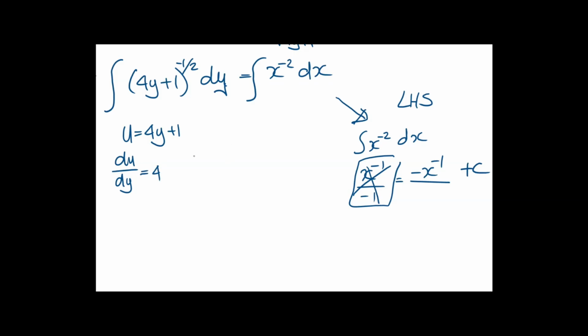So that tells me dy is going to be equal to du over 4. And then if we come to rewrite this, it's going to be u to the power of negative half du over 4. That's going to be great.